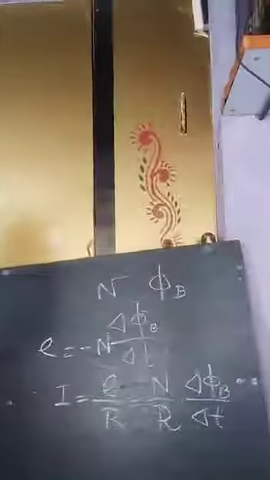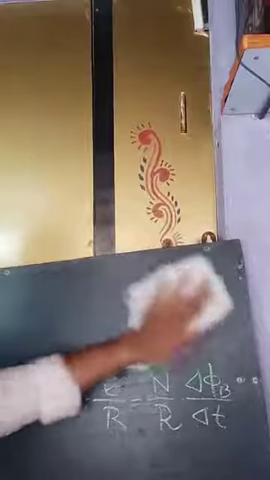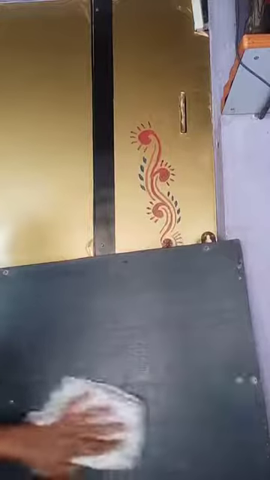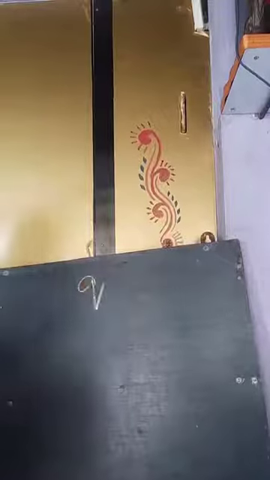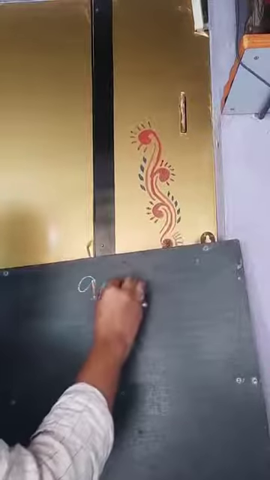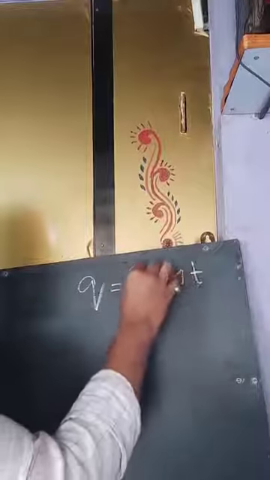Now coming to the induced charge. Same thing. How can you define the charge? If Q is the amount of charge, then it is given as I into delta t.